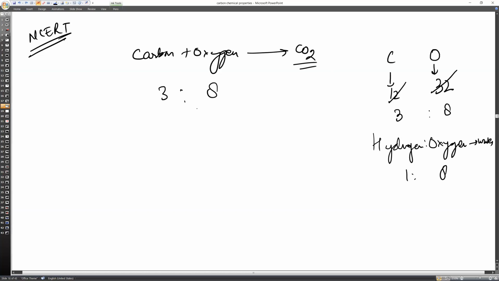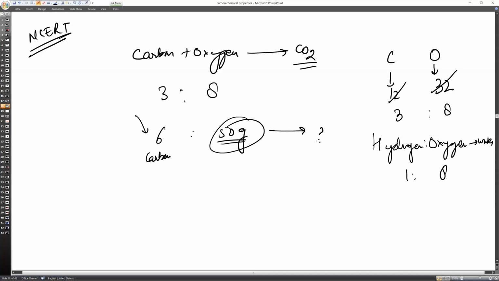So if I ask you, if you have 6 grams of carbon and 50 grams of oxygen gas, then how many grams of carbon dioxide will be formed?